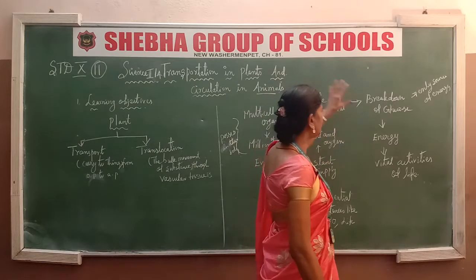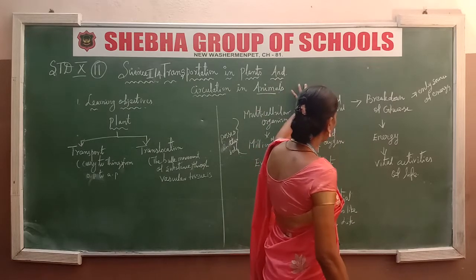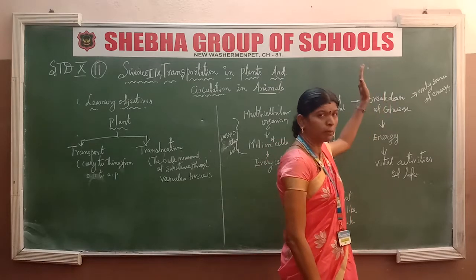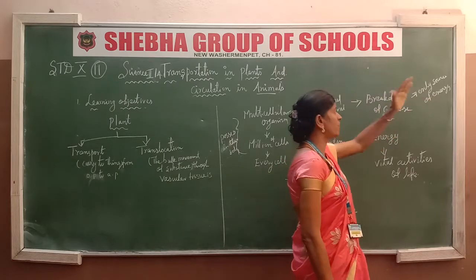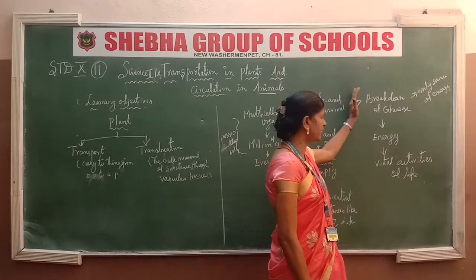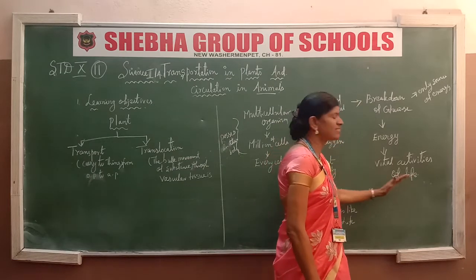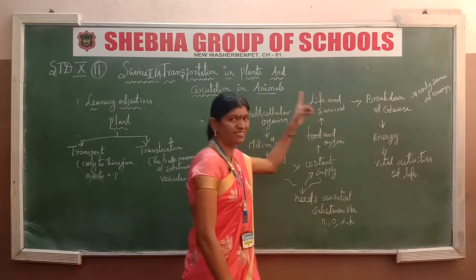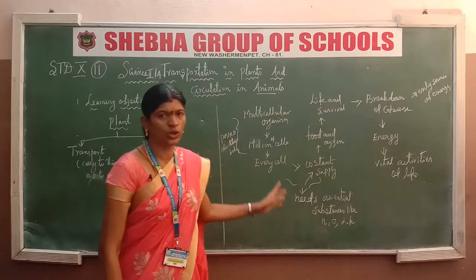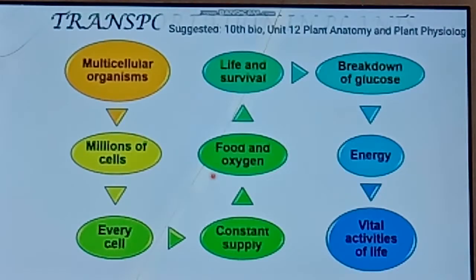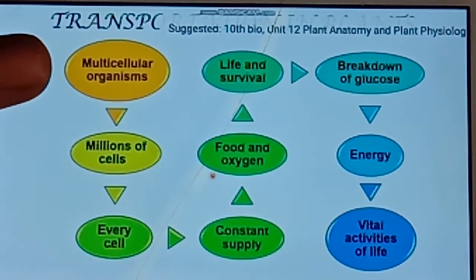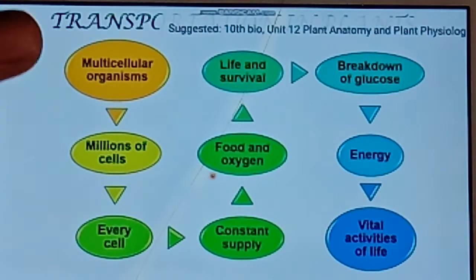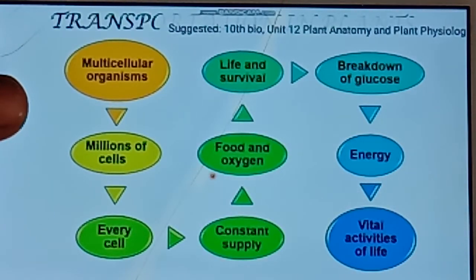Next, for survival and life, there is the breakdown of glucose. What is its purpose? It is the only source of energy, which is used for the vital activities of life. These are all the transportation needs of life. I show the diagram. A multicellular organism has millions of cells in the body.